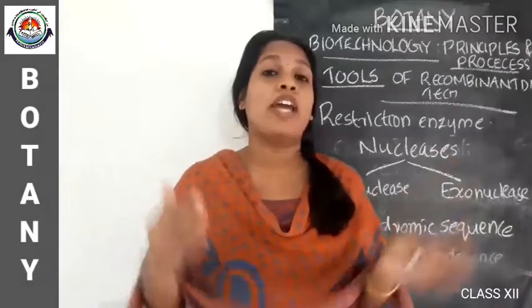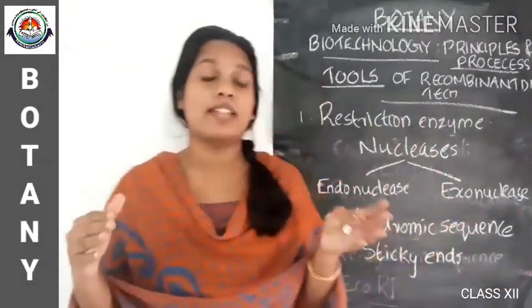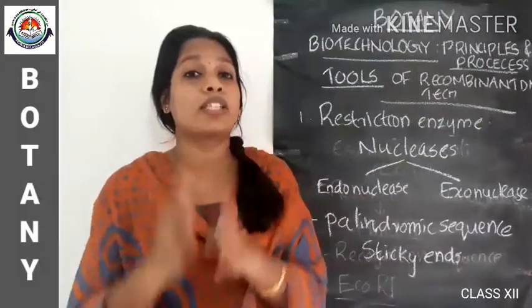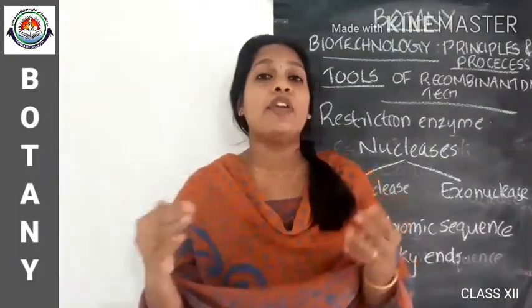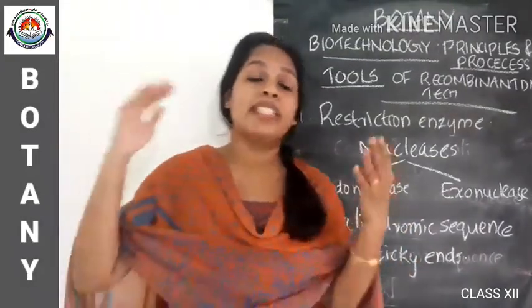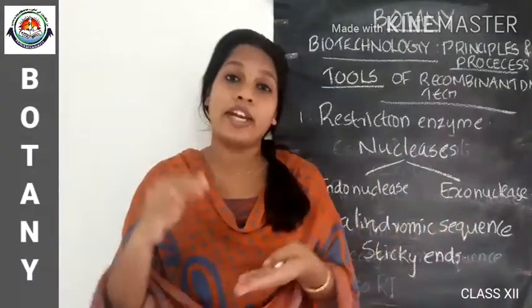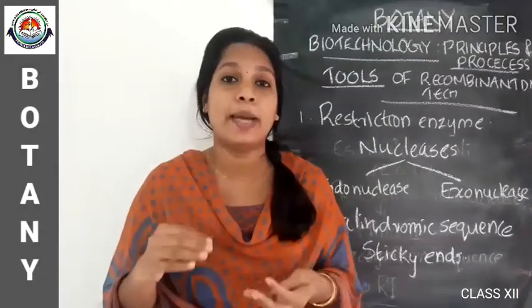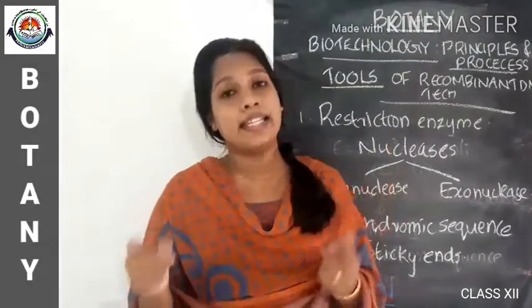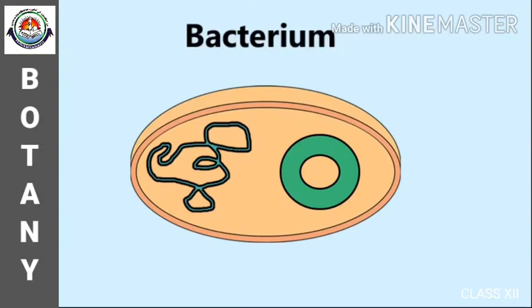I repeat, when the DNA fragments are cut using the same restriction enzyme, they will have the same sticky ends at the two ends, and they can be joined easily together by the enzyme called DNA ligase. Is it clear?